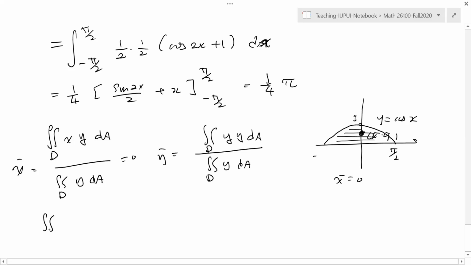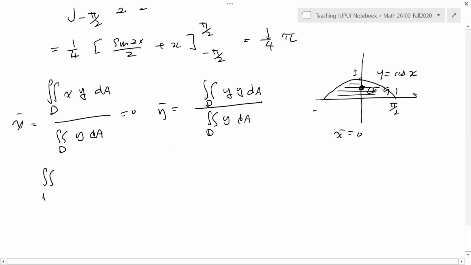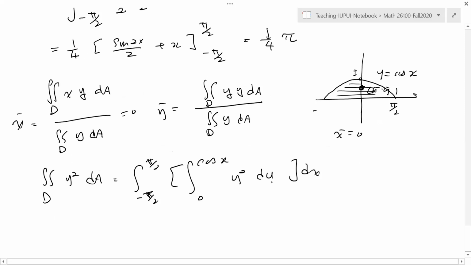So this double integral is y squared dA. We still do the same iterative integral, right? For each x, the y value is from 0 to cosine x, and here y squared dy.